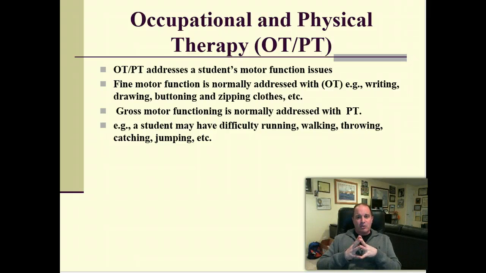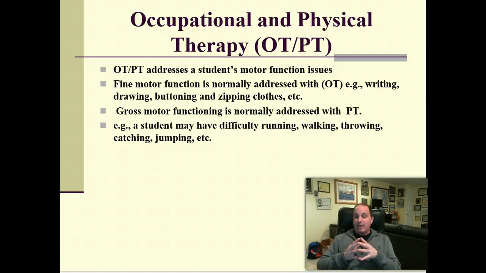While occupational therapy deals with motor functions, but is considered more of the fine motor function. For example, writing, holding a pencil, drawing, buttoning, zipping clothes, those types of fine motor things, the grasping of things, the pincer of the pencil. Those are fine motor, that's occupational therapy. So a child could receive OT and PT or one or the other.